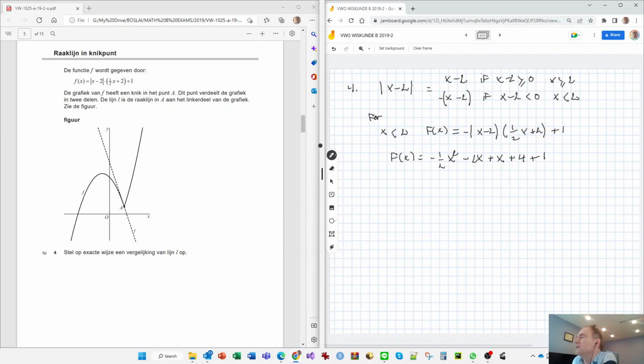So it's minus 1/2 x squared minus x plus 5.